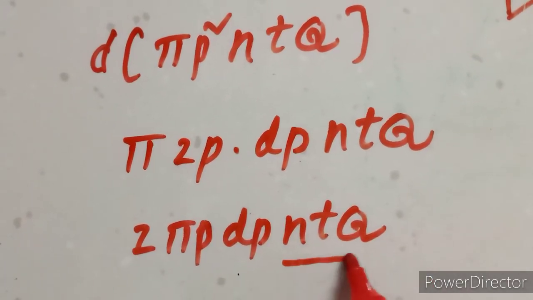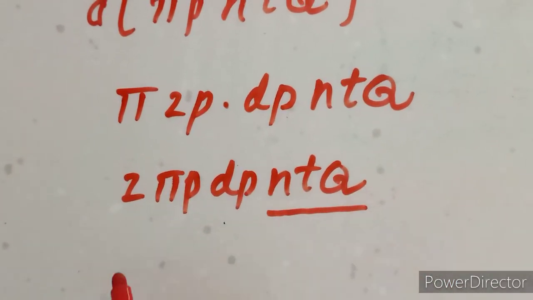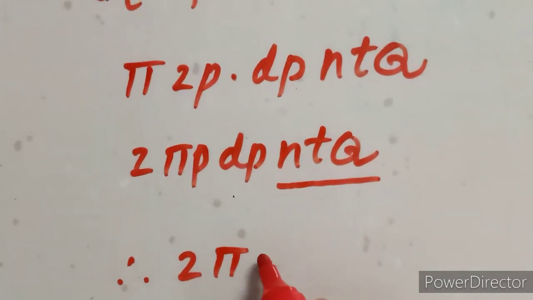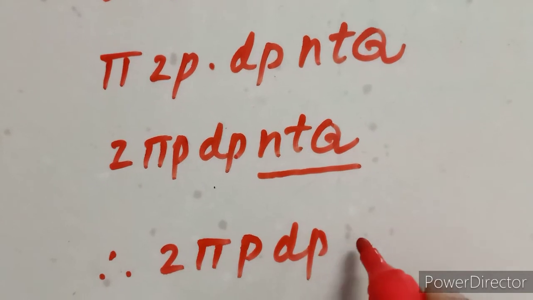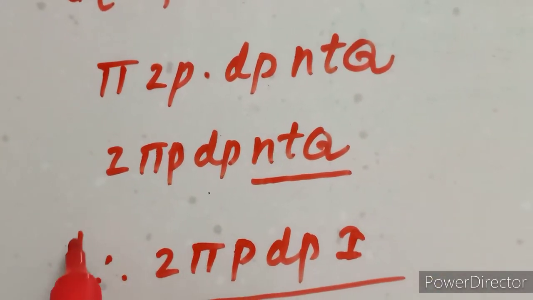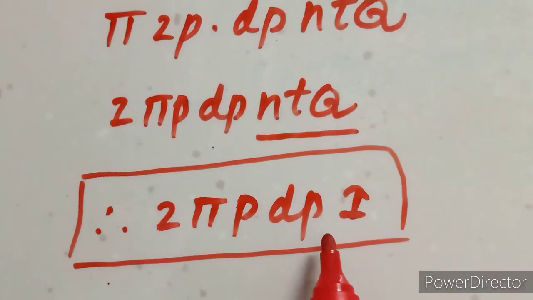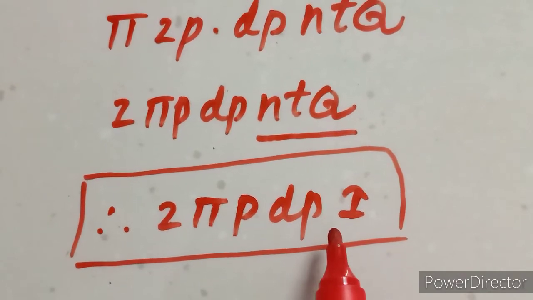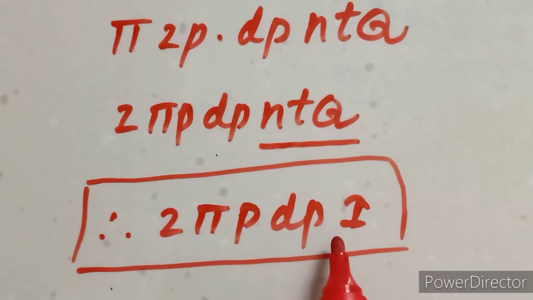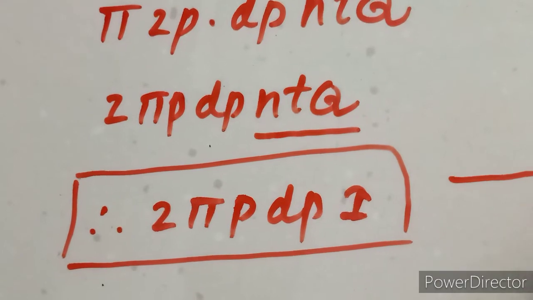We know that N t q is the intensity of incidence, so this is 2 pi p dp into I. This is the number of incident alpha particles scattered through the area between impact parameters p and p plus dp. This is equation number 1.